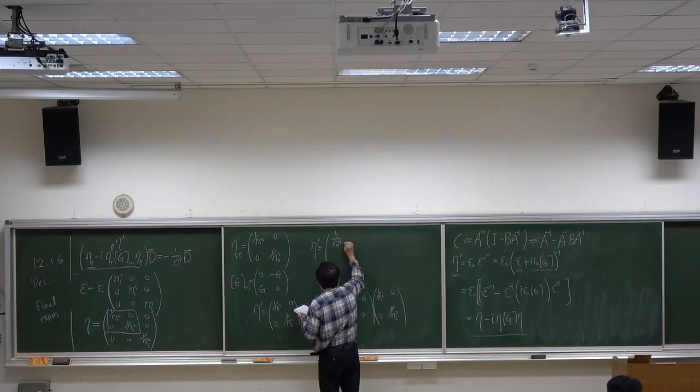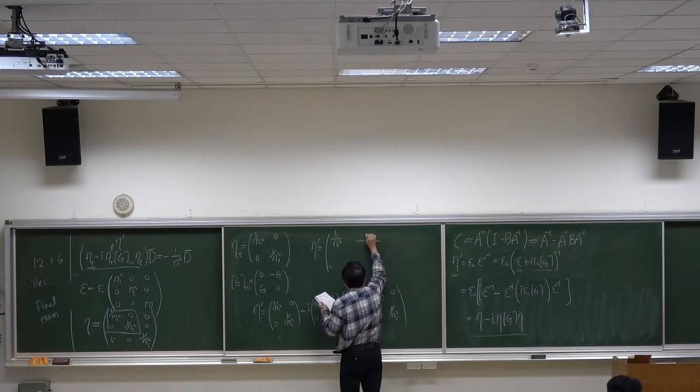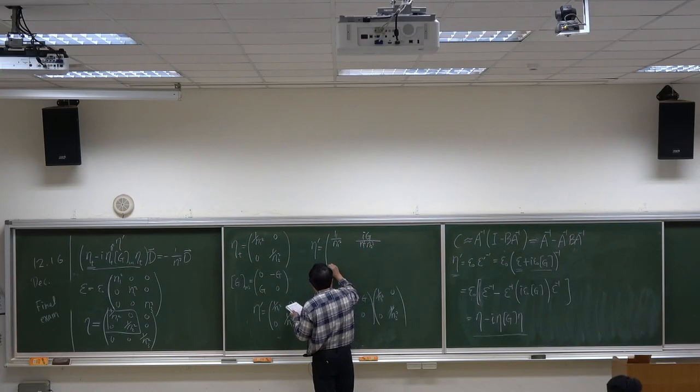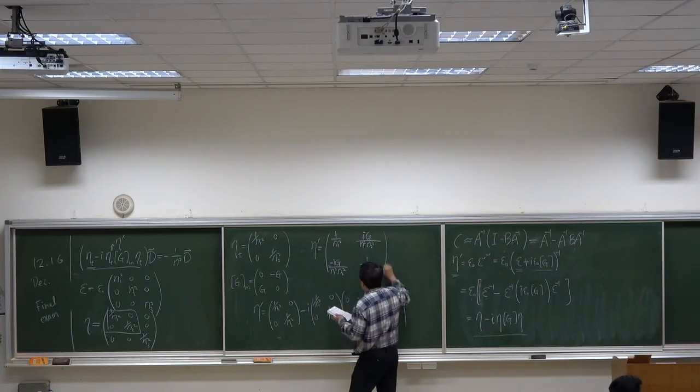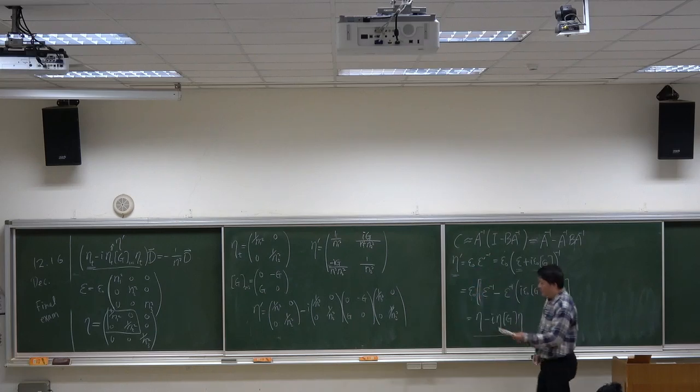1 over n1 squared, iG over n1 squared n2 squared, minus iG over n1 squared n2 squared, 1 over n2 squared. Okay, this is the eta prime.